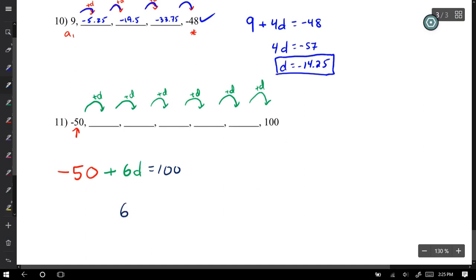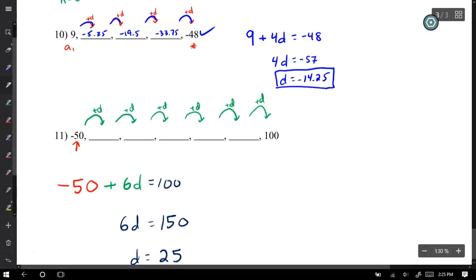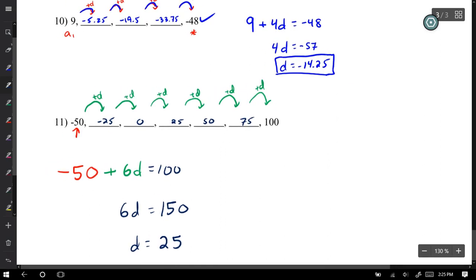I can solve for d. 6d equals 150. And in this case, I believe if you have 6 quarters, you have $1.50. So in this case, 25. So I get negative 25, 0, 25, 50, 75, 100. It worked.